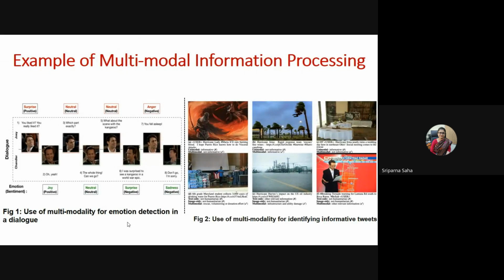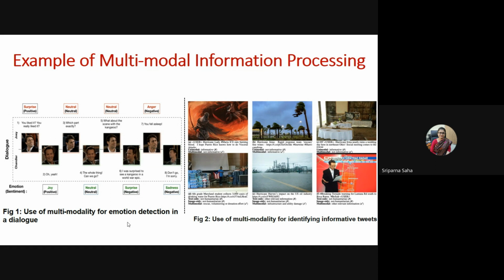So here there are three modalities. We are not only considering what the user is saying, like the textual modality is obviously an important modality, but we are also considering the speaker's facial expressions and also the speaker's audio tone. So after considering the facial expressions, the audio tone and also the textual utterances, we are determining the appropriate sentiment and emotion of the particular speaker.